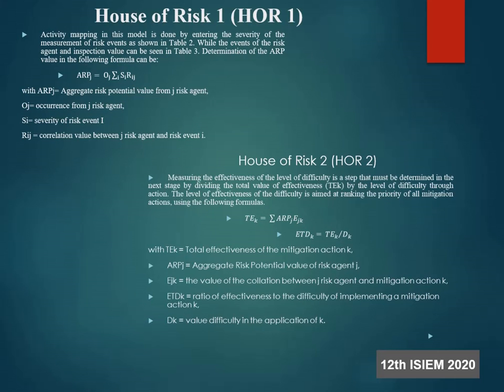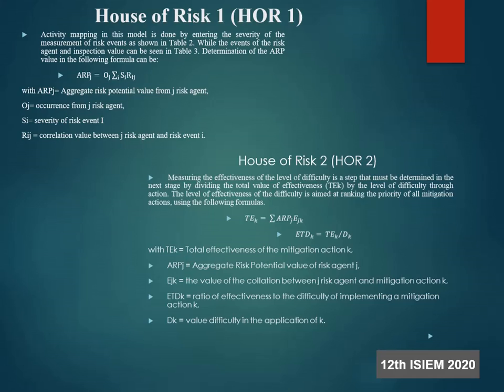House of risk 1. Activity mapping in this model is done by entering the severity of the measurement of the risk event, while the occurrence of the risk agent and the correlation value can be seen in the risk event table.